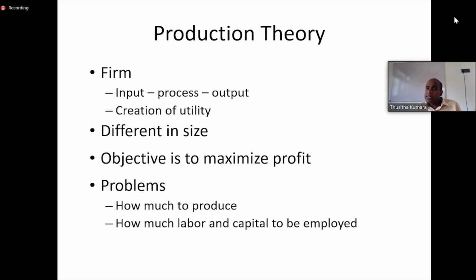A firm is an entity which takes inputs, does some kind of process, and puts out some output. It takes input, does the processing, and then puts something out.